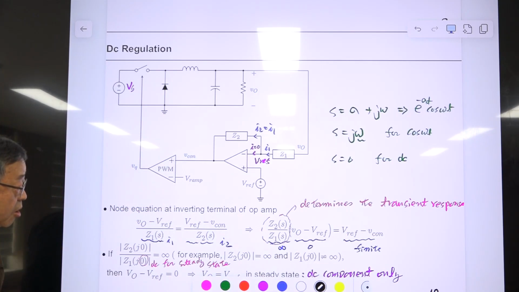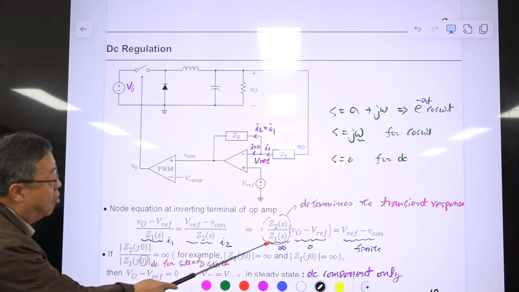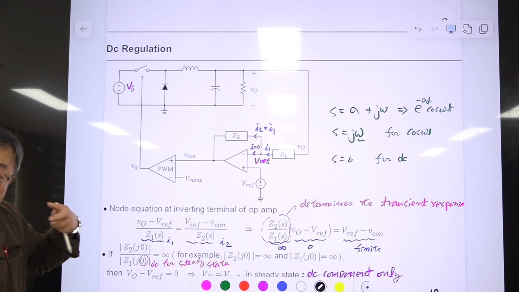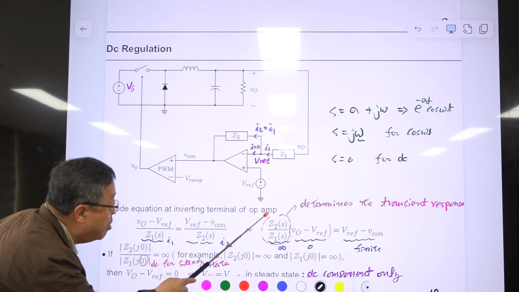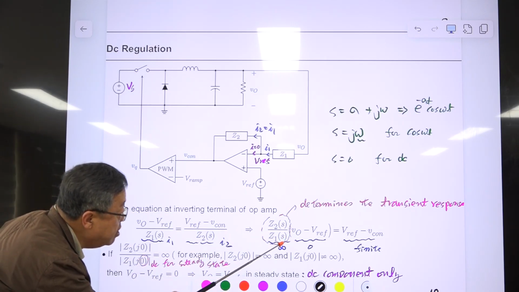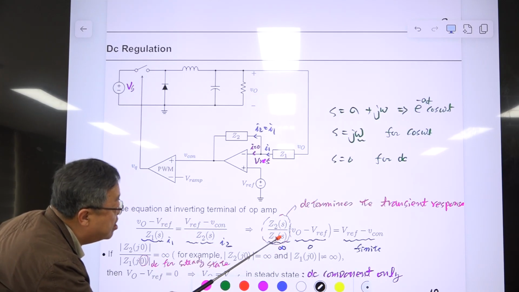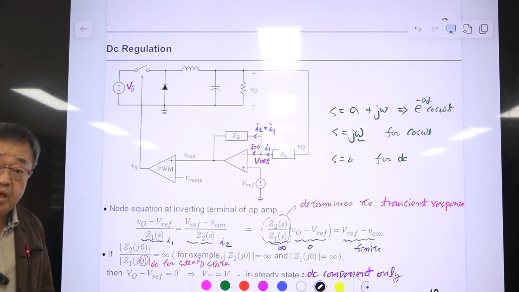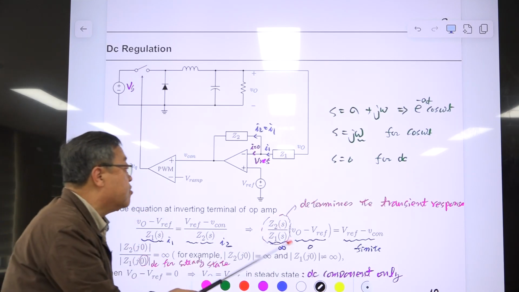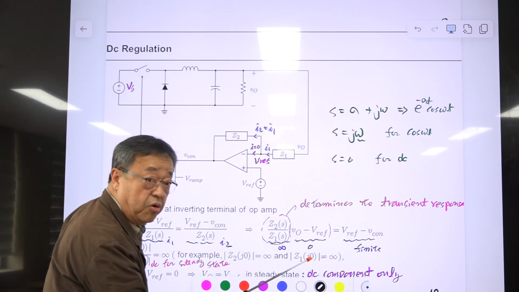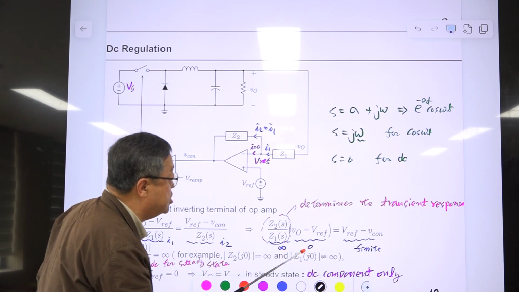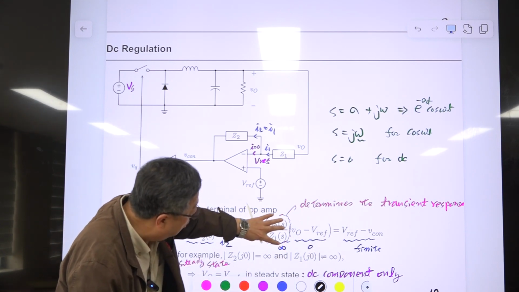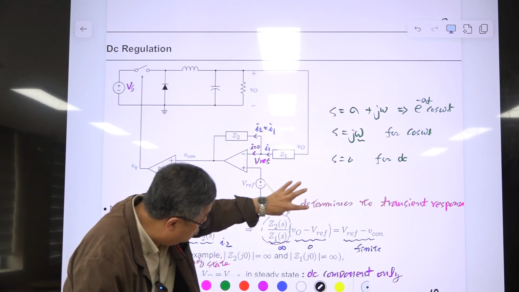Suppose under some condition, I'll explain what that condition is, this one becomes infinity. Then infinity times something becomes finite. The only qualified something is 0. Infinity times 0 can be any number. So if this is infinity under some condition, this should be 0.